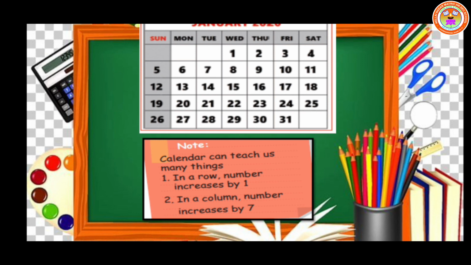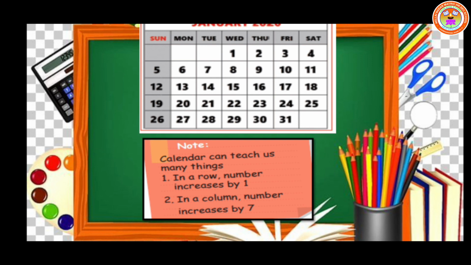Row-wise, the number increases by 1, and column-wise, the numbers increase by 7. Take this Wednesday column, students.